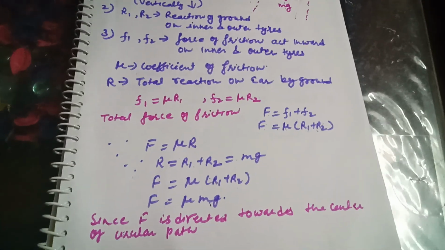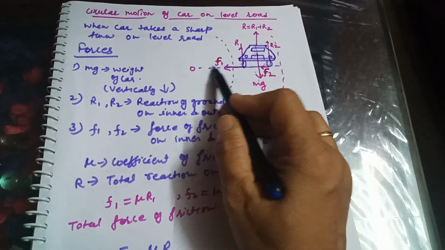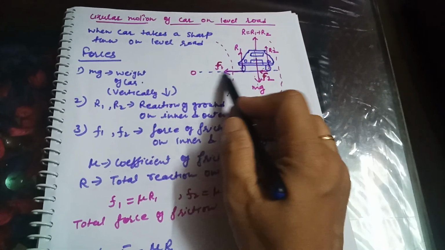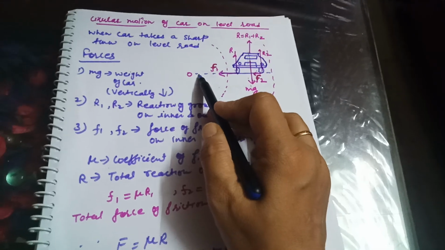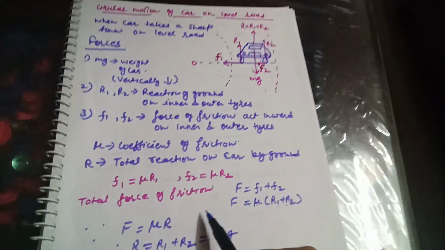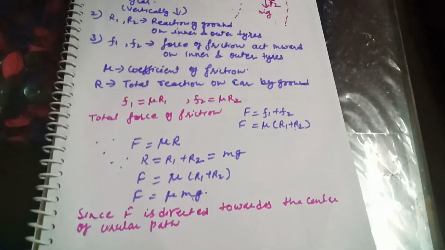Now there is a concept: since the force is directed towards the center of the circular path, whatever force is directed towards the center will be responsible for the centripetal force. So the force F is directed towards the center of the circular path, and this will give the necessary centripetal force.